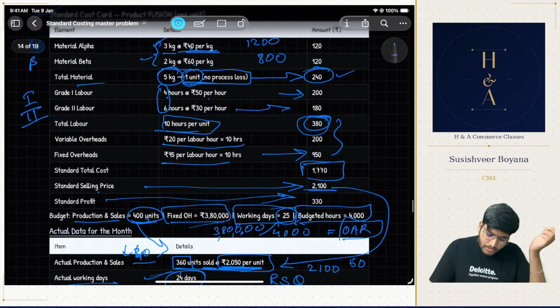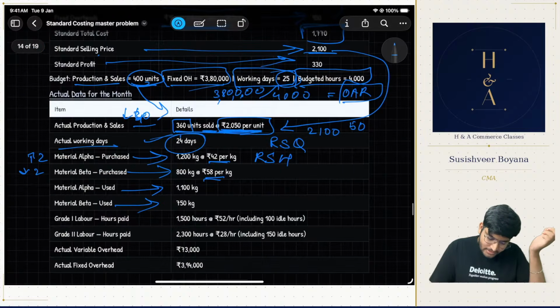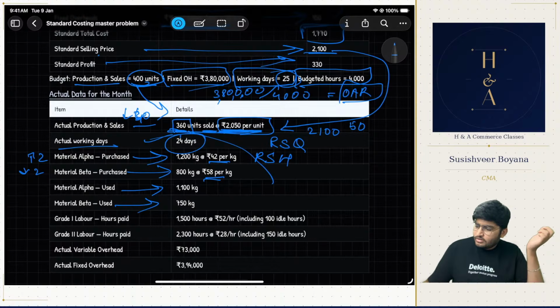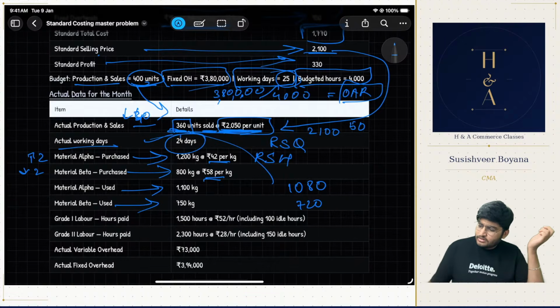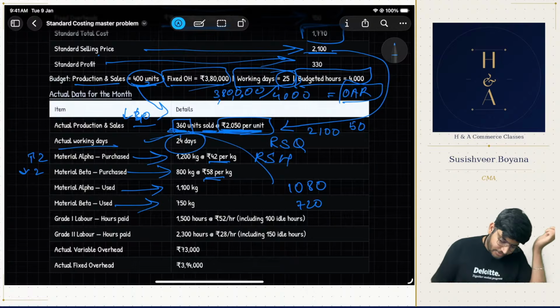So ideally, how much should be used for 360 units? 360 into 3 is what I should use for material alpha, that is 1080. For beta, how much should I use? 360 into 2, that is 720, right?